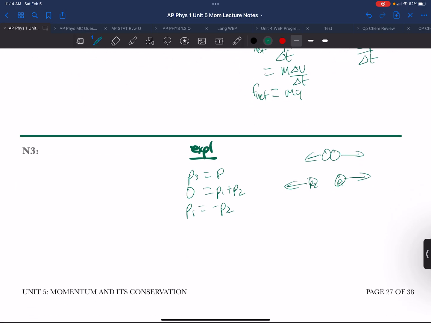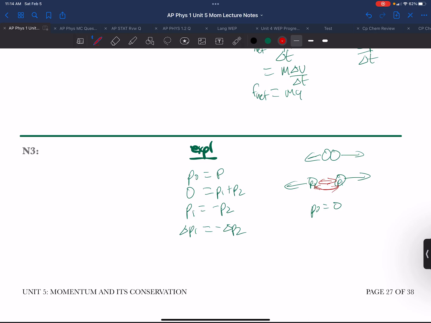And since they started with an initial momentum of 0, then the delta P of one must be equal and opposite to the change in momentum of the other. And the time during which this interaction occurred is the same for both bodies. The time that one was interacting with two and two was interacting with one were equal to each other.